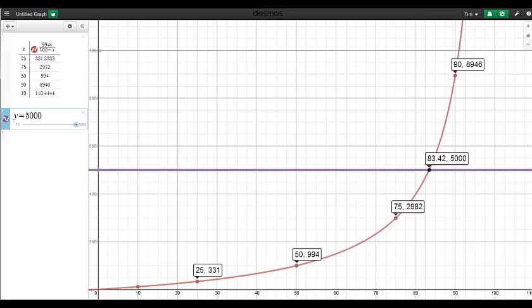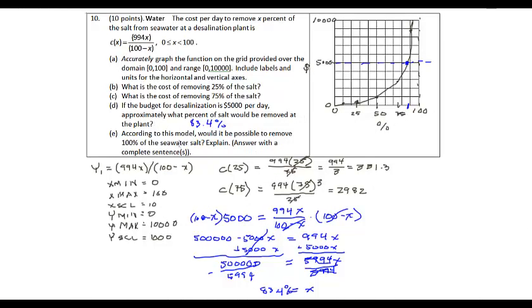Finally, the question asks, according to this model, would it be possible to remove 100% of the seawater salt? Explain. The answer to that question is clearly no. One reason is this would mean division by 0.